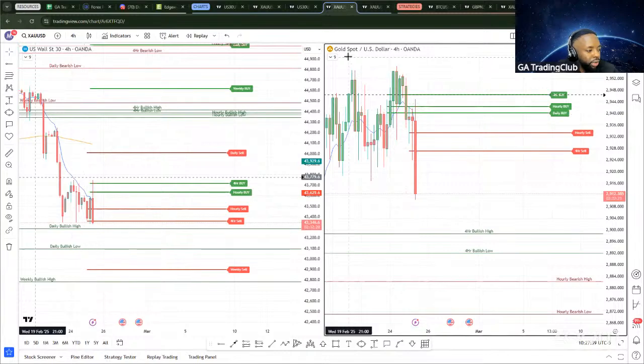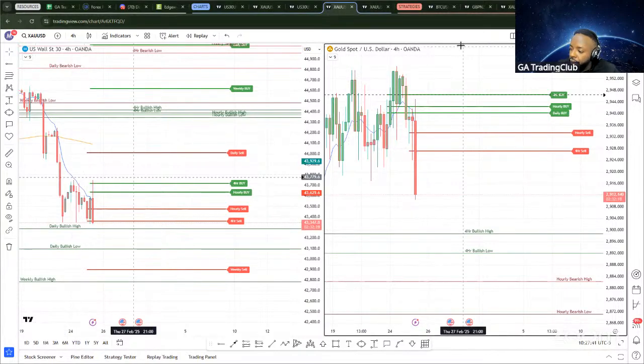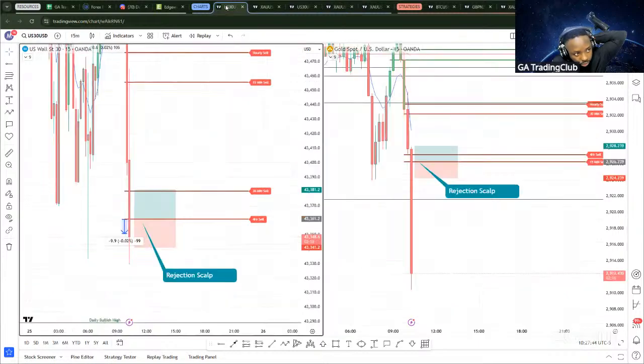Unfortunately, for that 4-hour one, we got taken out of that. But other than say this scalps that might come up, I really don't see anything else.